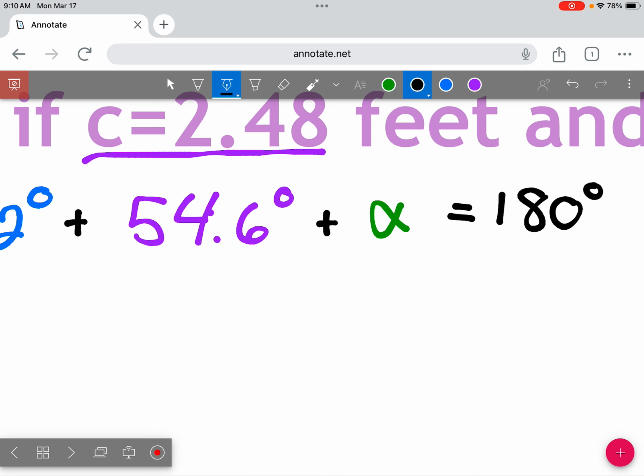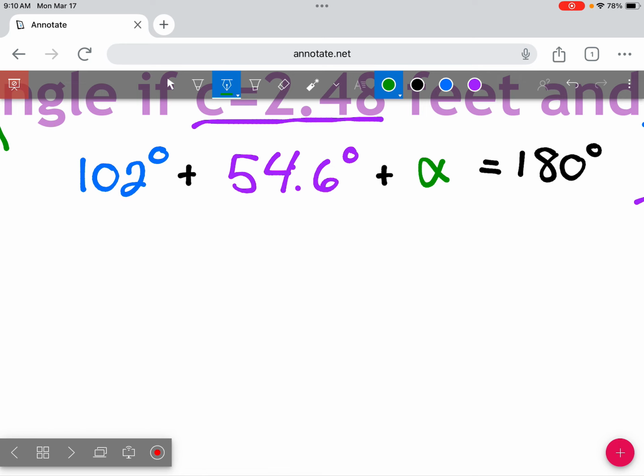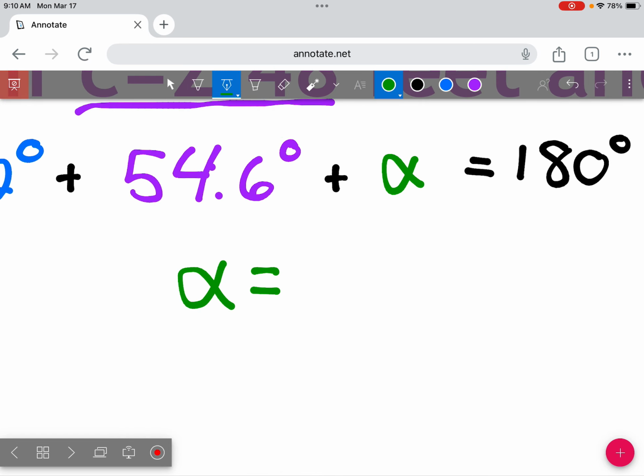That is part of the definition of being a triangle. So what is angle alpha going to be? 23.4 degrees.